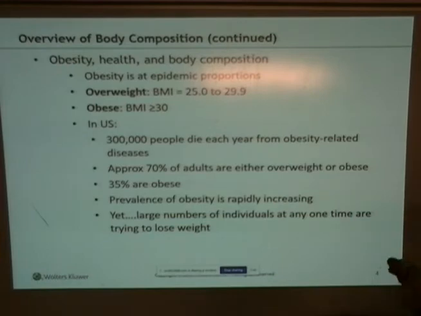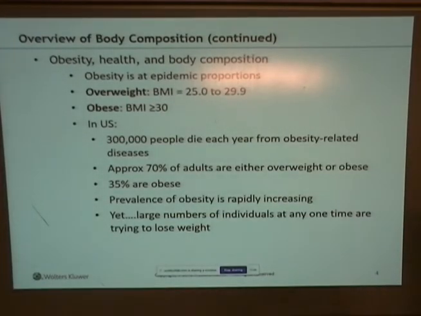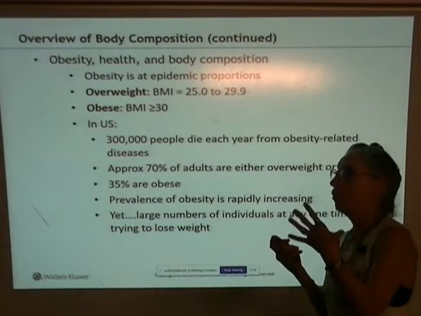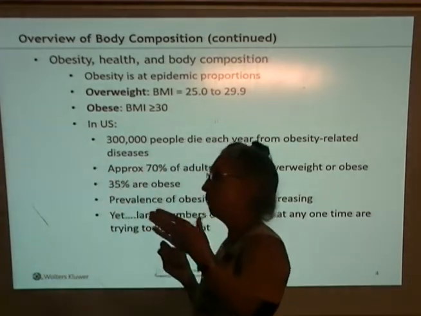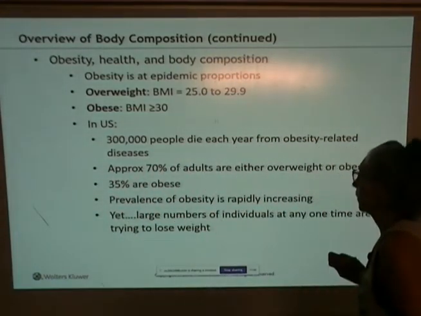Okay. So in the US, and these numbers are a little bit out of date, so it wouldn't surprise me if that had gone up a little bit. But just under 500,000 people a year die from health risks and diseases that are linked to being obese.